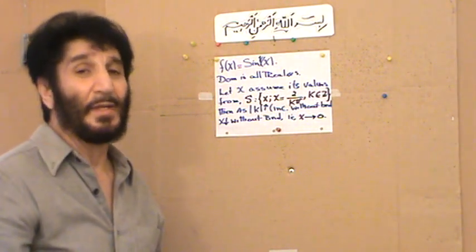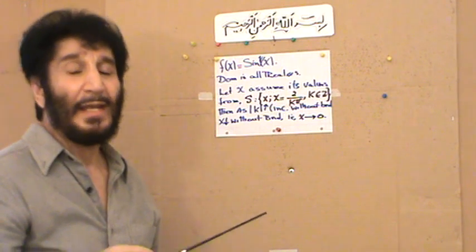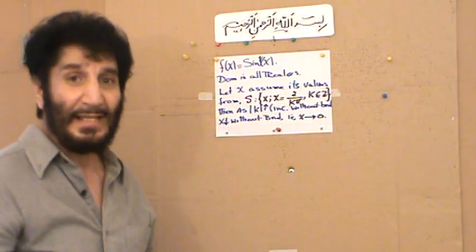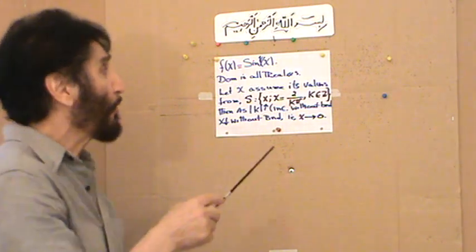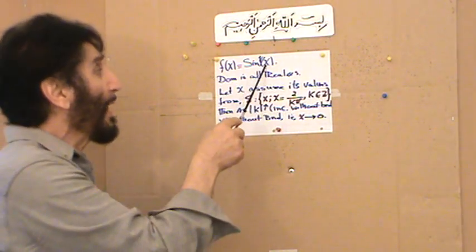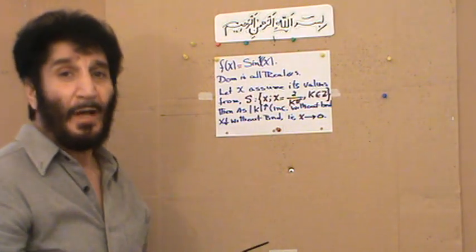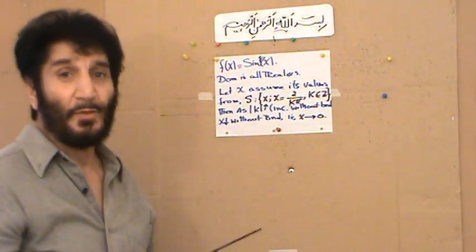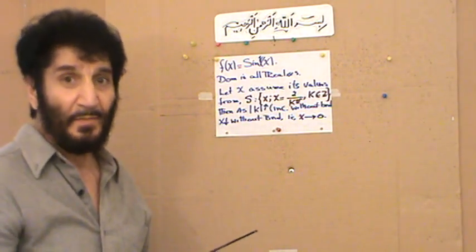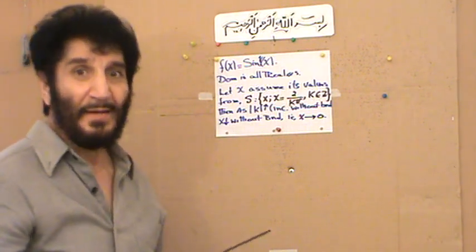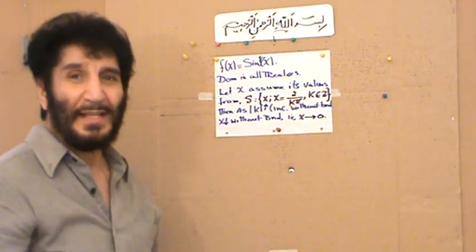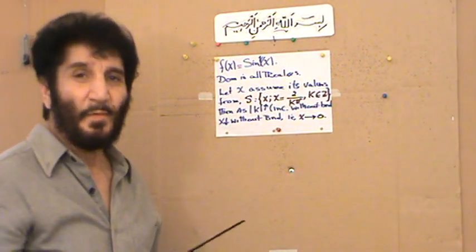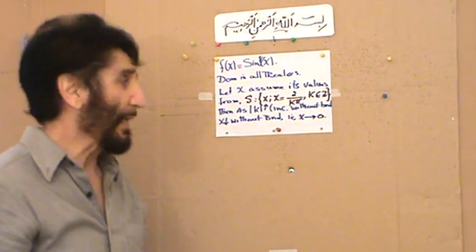The maximum you get is 1. The least you can get is -1, and it assumes all other values between. So don't think that as x approaches 0, 1 over x approaches infinity and we are in difficulty. Again, I repeat myself, sine does not let that happen. Sine always controls that between 1 and -1.